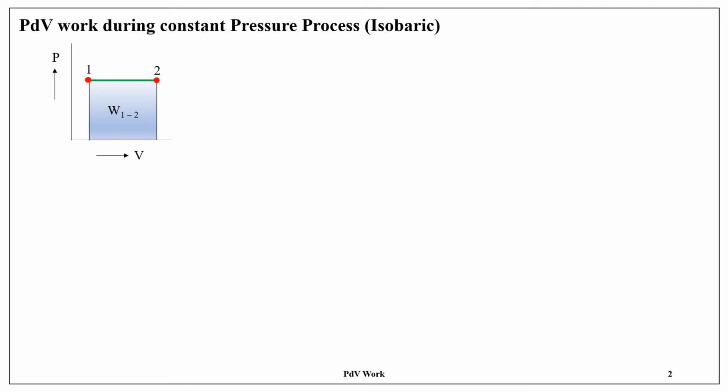Now, what is the expression or formula to find PdV work during isobaric process? For that, consider the work done equation integral PdV, and it is integrated between the limits V1 and V2.